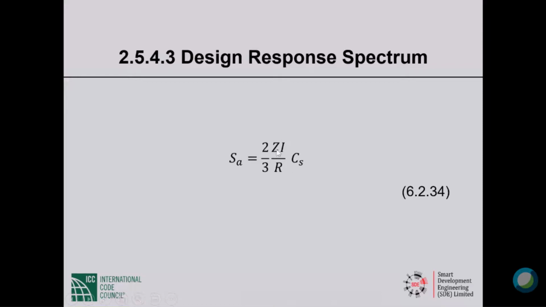The I over R is the same as in BNBC. We raised the elastic spectrum by R, lowered it by R. The multiplication by Z is because C sub S is for site class A. I'm sorry, the 2/3 of Z, two-thirds brings the maximum considered earthquake spectrum down to the design spectrum.